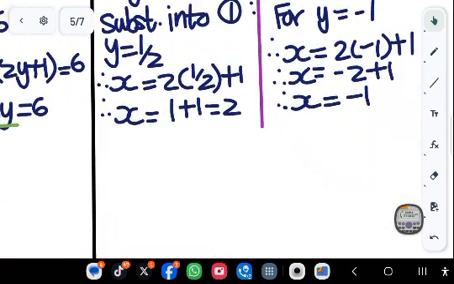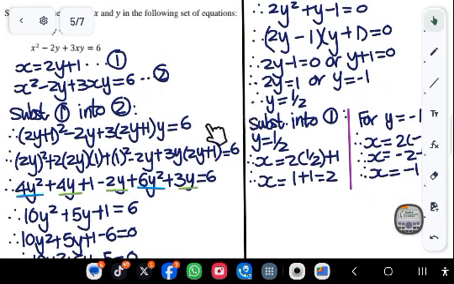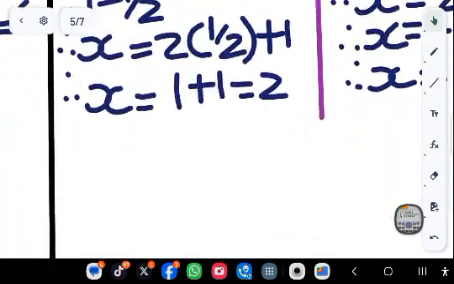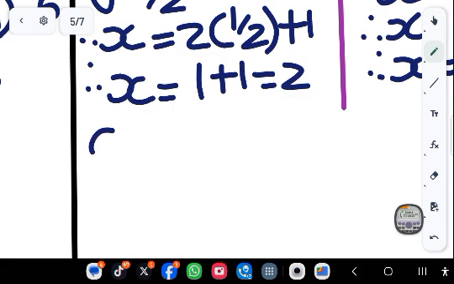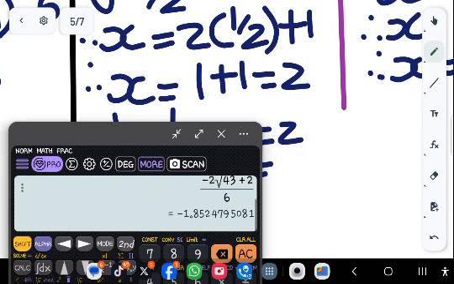Take out a calculator and go check in number 1. Put x equals 2, and see if your y is going to give you that.